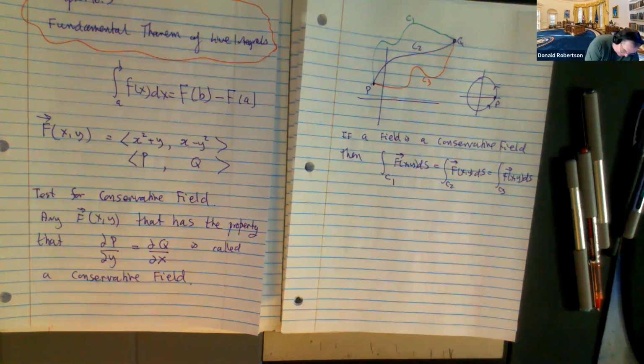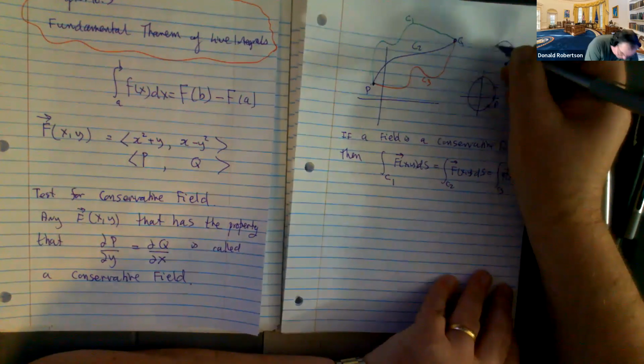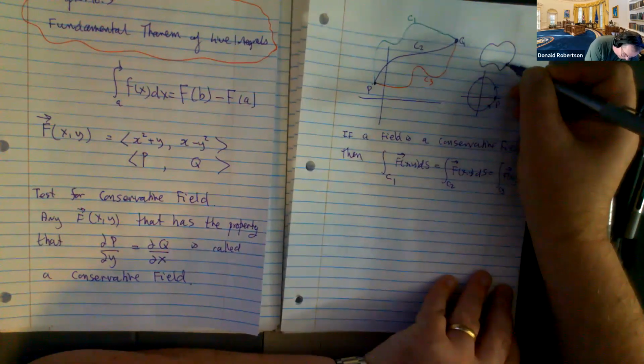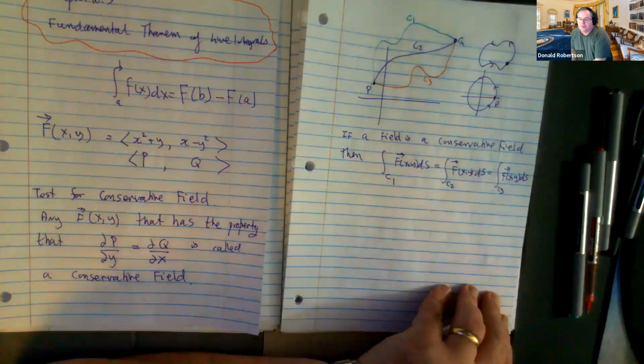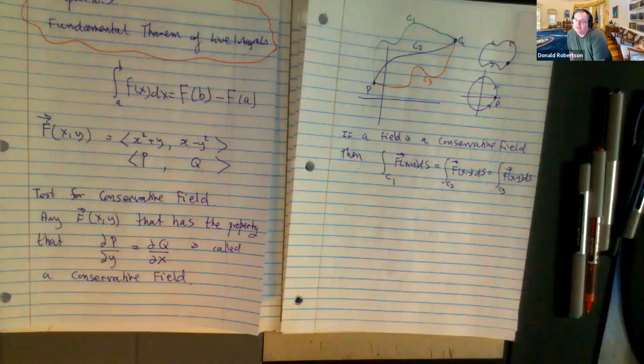In fact, if your curve is a closed loop, won't the line integral be 0 if it's a conservative field? Does the logic of that make sense? If you start and finish at the same point and it's a conservative field, circles included, the answer is 0.